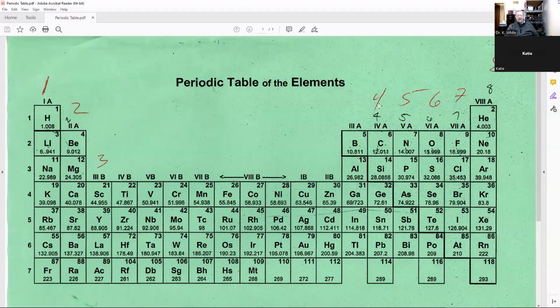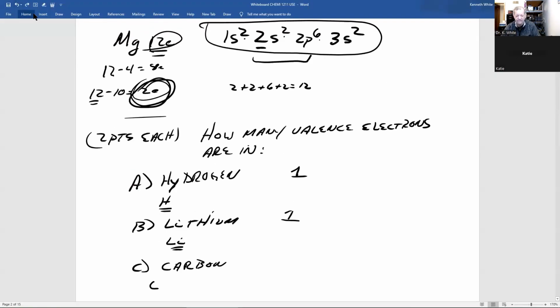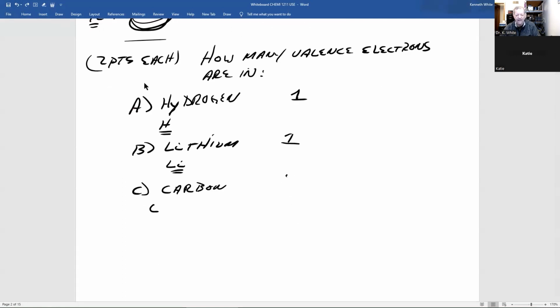So that's why I have it written. I wrote it one way and I wrote it a little clearer the second way, 4. So that means carbon has 4 valence electrons. And you'd write that down. You get your 2 points.